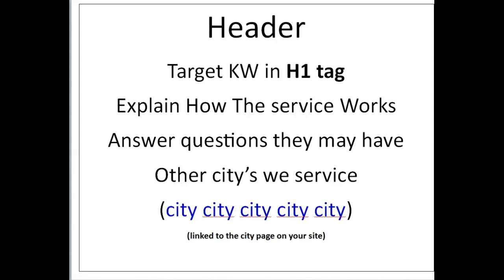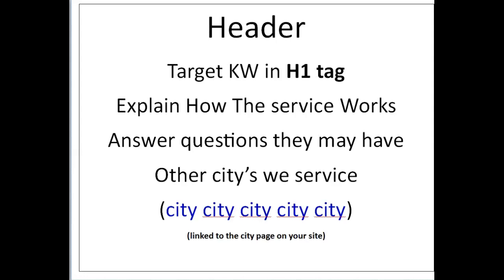I'm trying to think right off the cuff. Whatever three to five steps for whatever service you're working in, if it's, I don't know, emergency locksmith: give us a call, we'll come out and fix the problem, or we'll come out and unlock your door.